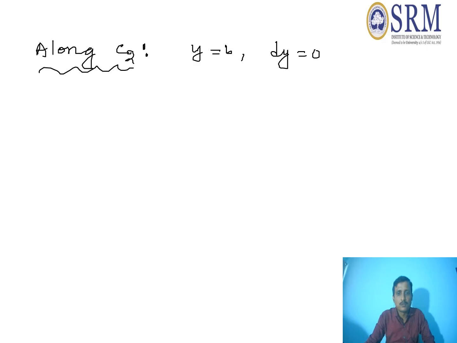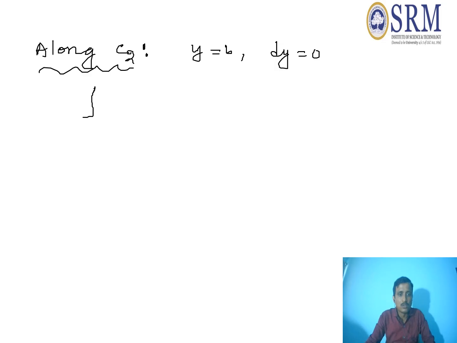In the same concept, similarly along C2, for this curve along C2 you have to evaluate. Clear? So that means along C2 what you are getting, y is equal to b. Then what is dy? Dy is equal to 0. So in that dot product you substitute these two relations, y is equal to b and dy is equal to 0. So then what is your integration along C2?